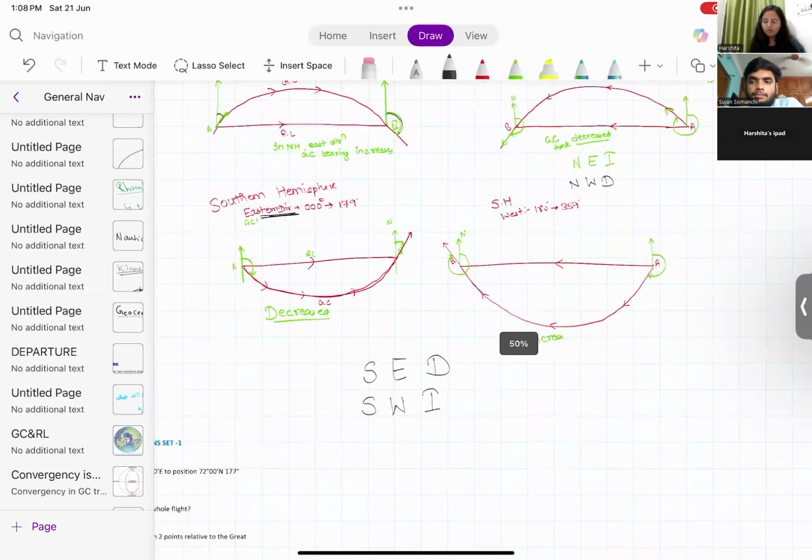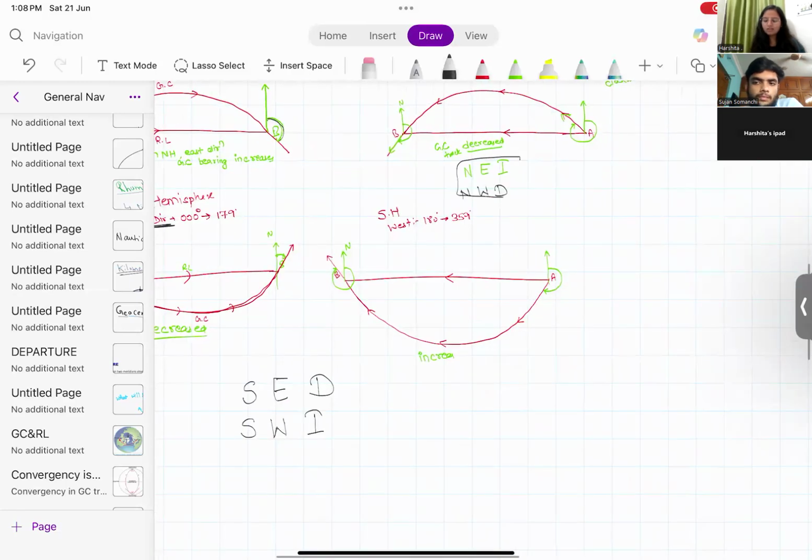So these are the points you have to remember. North east increase, north west decrease, south east decrease, south west increase.